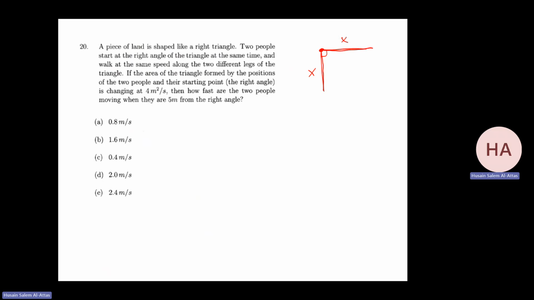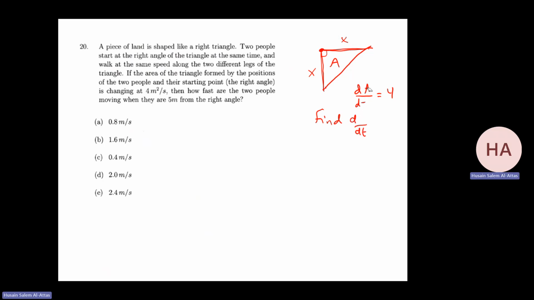If the area of the triangle formed by the positions of the two people and their starting point is changing at this rate, so I have this triangle, I have dA by dt, where A is the area, and dA by dt equals 4. Then how fast are the two people moving when they are 5 meters from the right angle? So he said find dx by dt, not dA by dt.